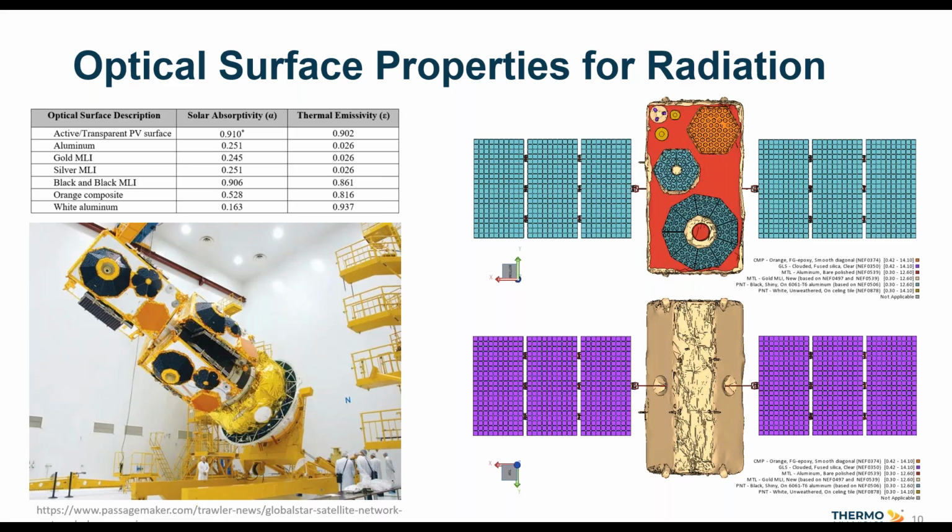The geometry you see at right is colored based on which material, and thus which optical surface, has been applied to each of those. The picture in the lower left shows the inspiration for this model, with black surfaces and silver and gold and orange and white and so forth.